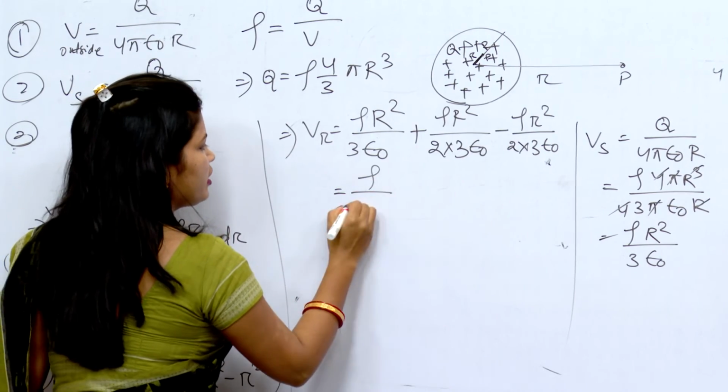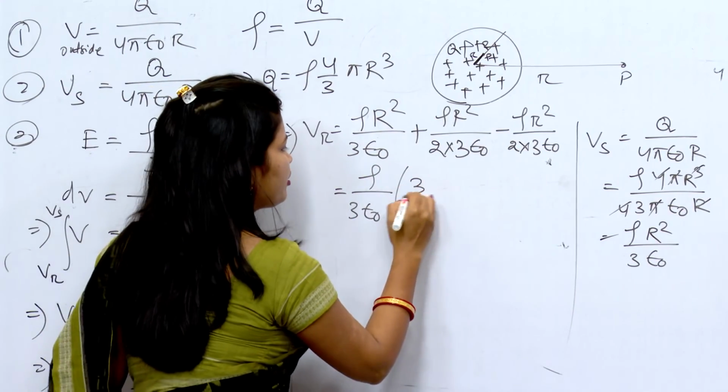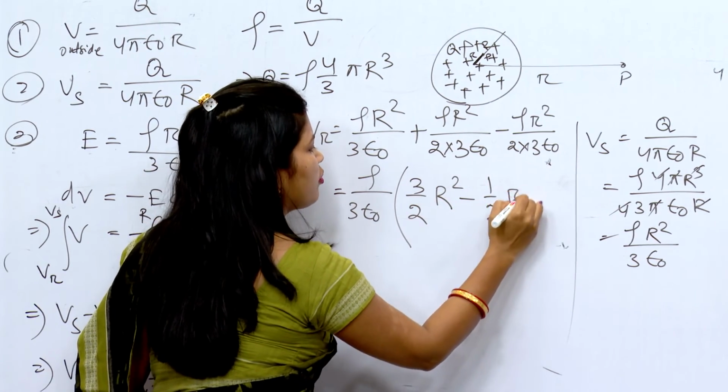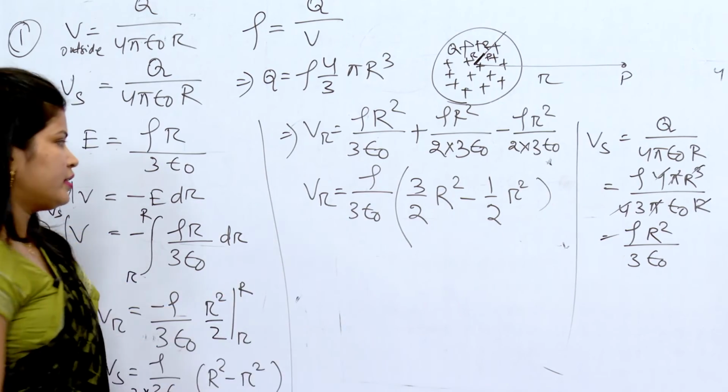Taking rho upon 3 epsilon naught common, that is 1 plus half, which is 3 by 2 capital R square, minus 1 by 2 small r square. This is the expression of potential inside the sphere.